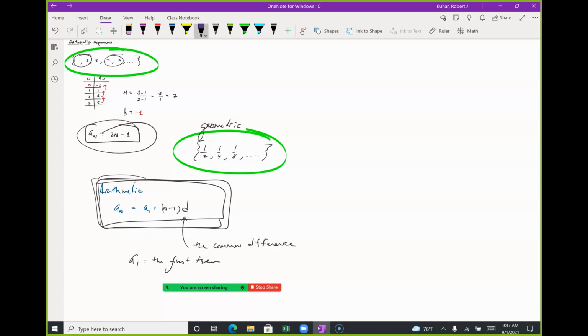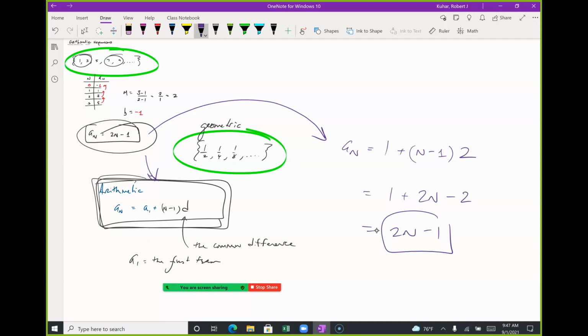So the question here is how can I make this look like this? Well, I can cheat, right? I already know that the first term is 1, and then what am I adding every time? 2. So there's my d, right? And if you see now, if I distribute this 2, I get the 2n minus 1 again.